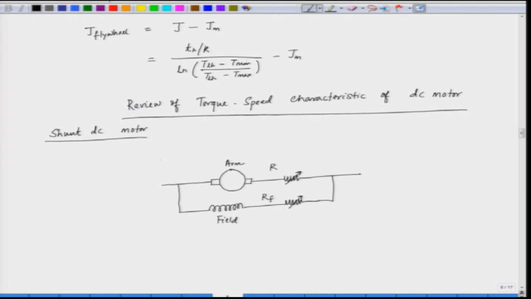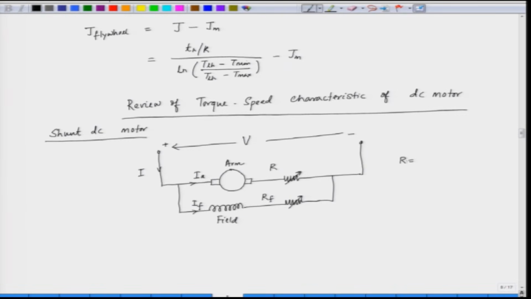And what we do here, we apply a DC supply to both the armature and the field. The motor draws a current, that is I. Part of this current flows to the armature and part of this current flows to the field. So, what is R here?